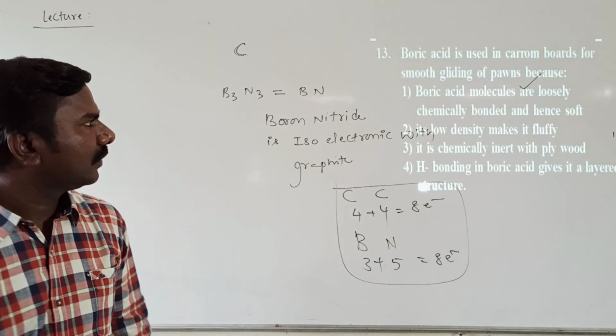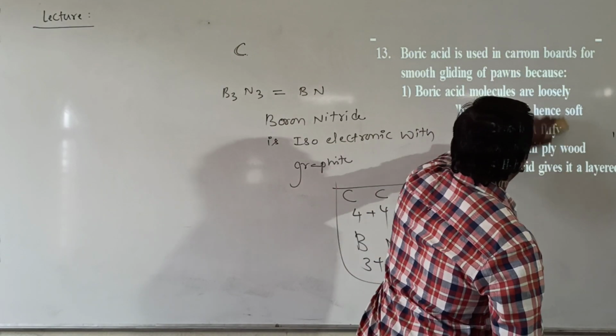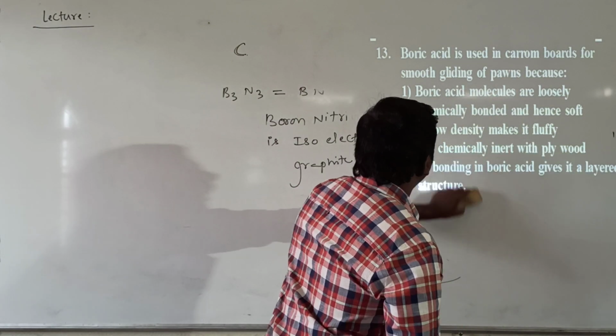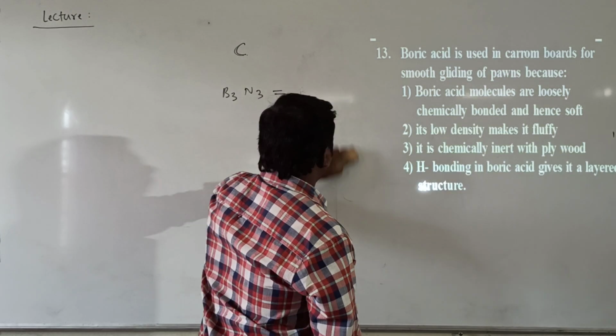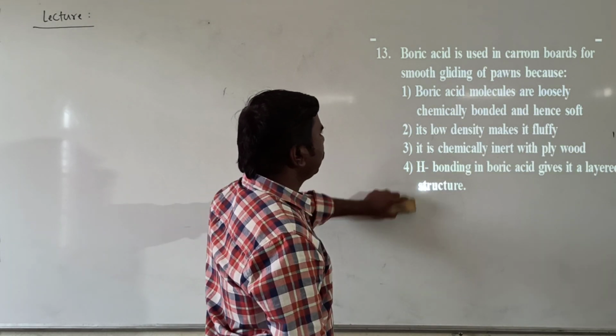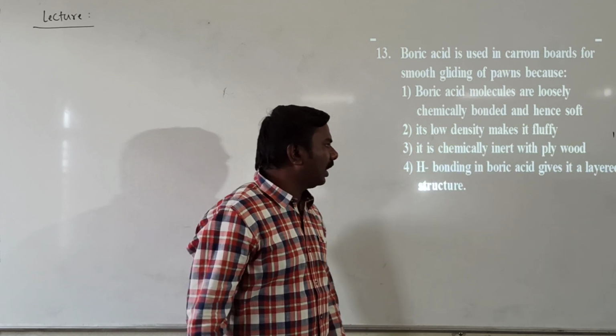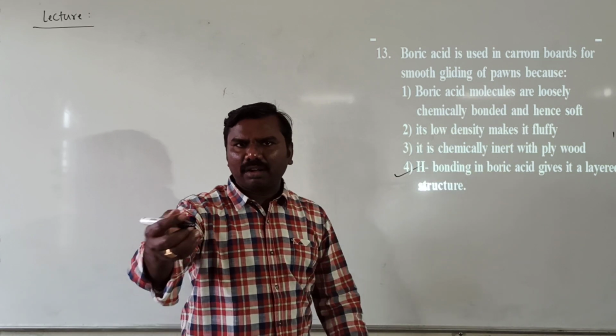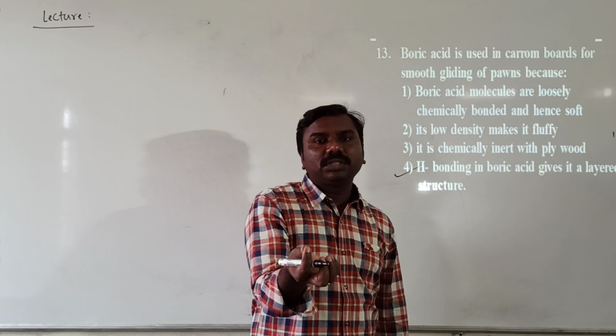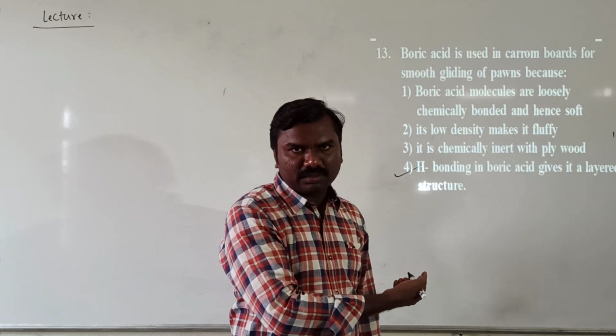Next, boric acid is used in carrom boards for smooth gliding of pieces. The reason is hydrogen bonding in boric acid gives a layered structure like a graphite structure. Graphite is smooth and soft, similarly here also.